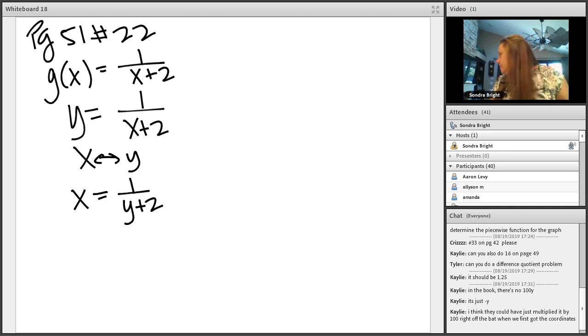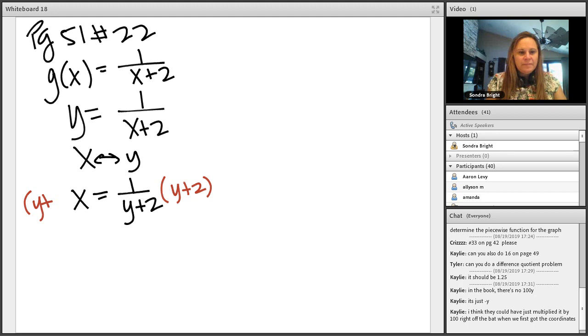This one is more confusing because you're like, wait, but y is all by itself on one side of the equal sign. So you actually have to kind of go against what your gut tells you to do. I'm actually going to multiply both sides by the y plus 2.